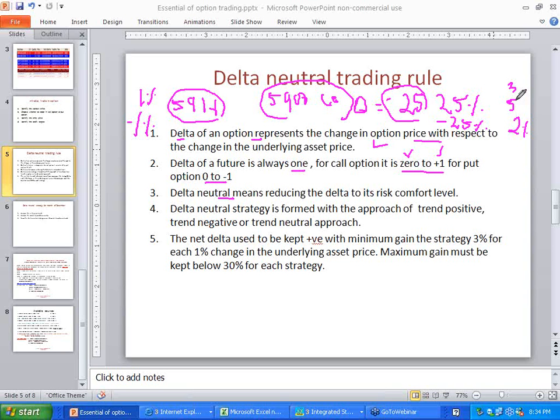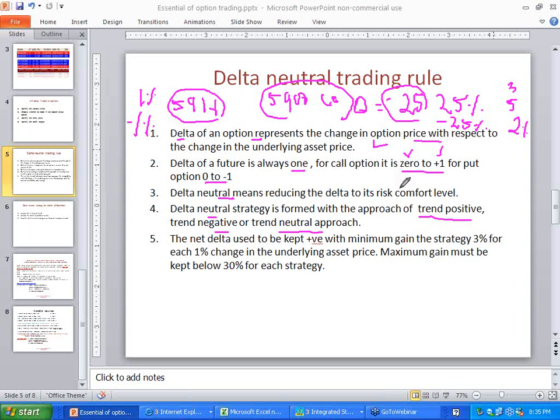How much risk you can carry in your portfolio, that much risk you should be exposed to. That is what is called delta neutral. Delta neutral means reducing the delta risk to your comfort level. Whenever we form delta neutral, we should form it with a trend positive, trend negative or trend neutral approach.